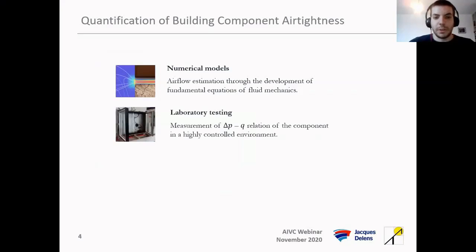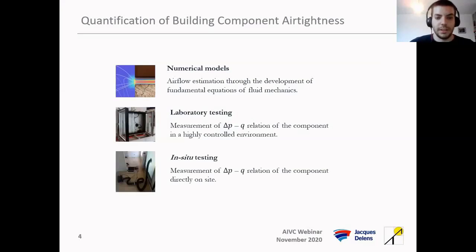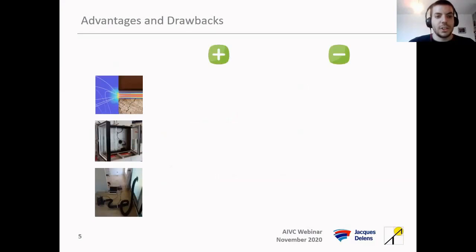We have laboratory testing, which is the measurement of the relation between pressure difference and airflow for a given component, but in a highly controlled environment, while in situ testing is measuring the same relation, but this time directly on site. Each method obviously has its advantages and its drawbacks.